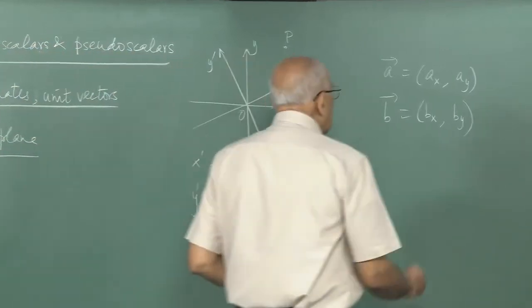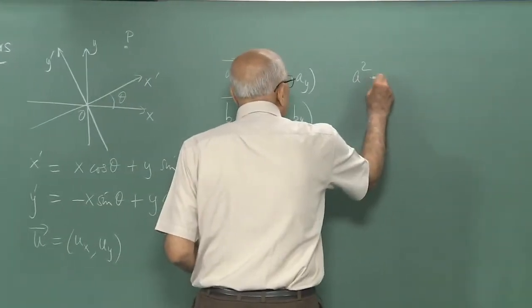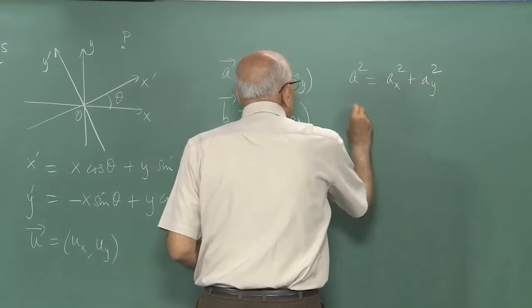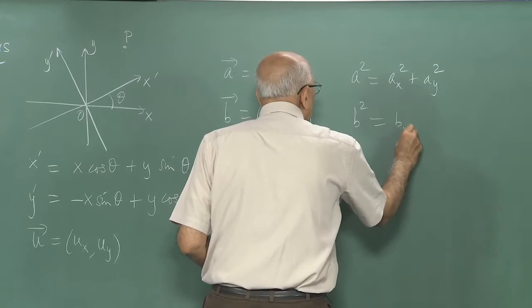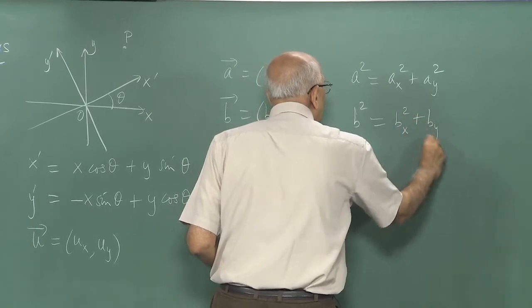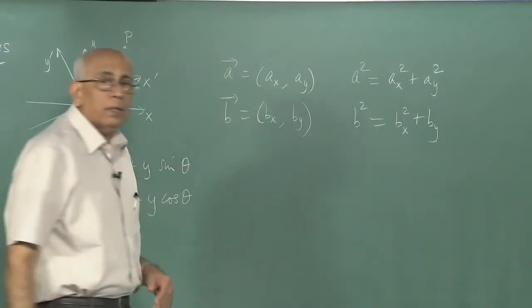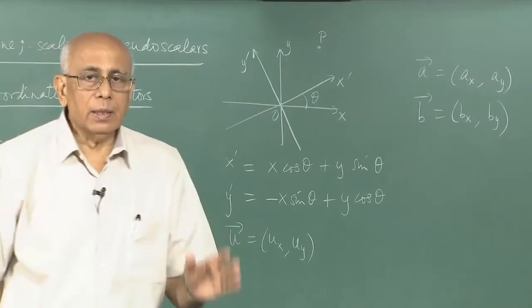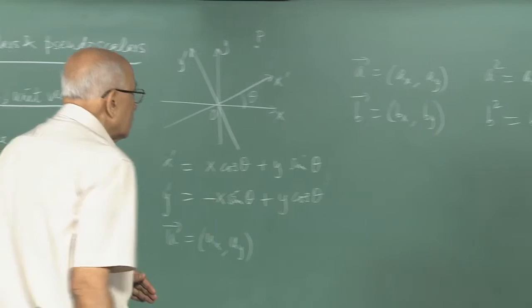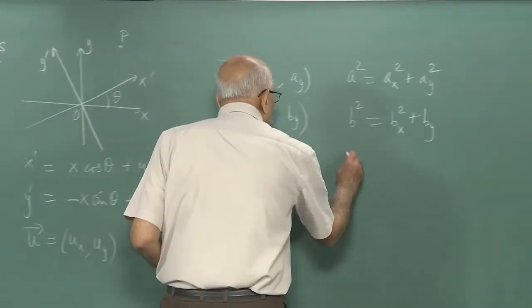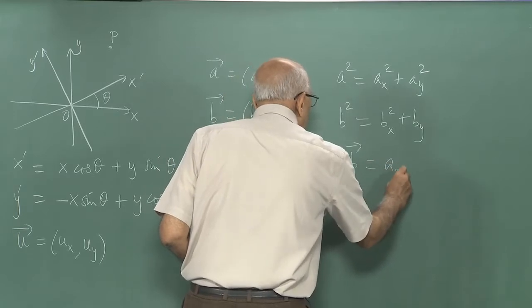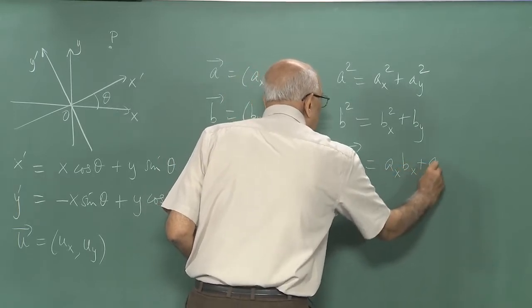One of them is a squared, which is ax squared plus ay squared, and similarly b squared, bx squared plus by squared. And the third scalar that you can form, a quantity which does not change under rotations, is a dot b, which is equal to ax bx plus ay by.